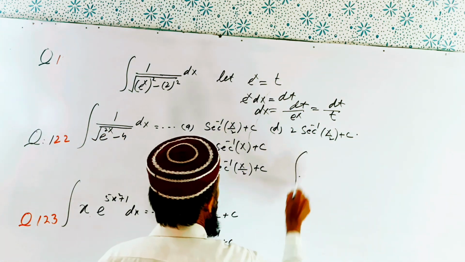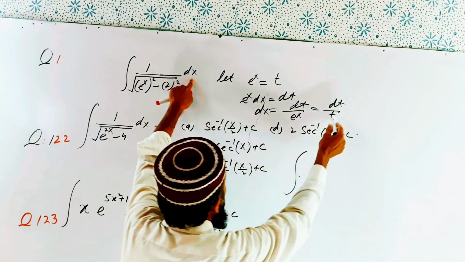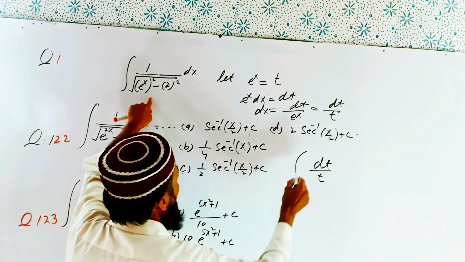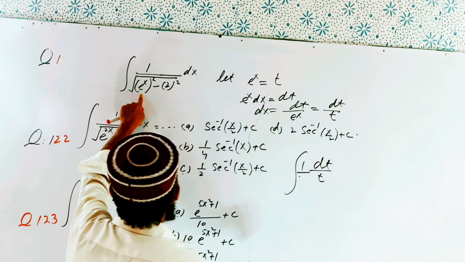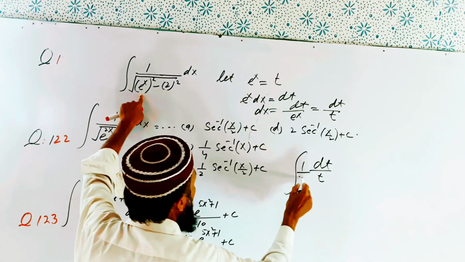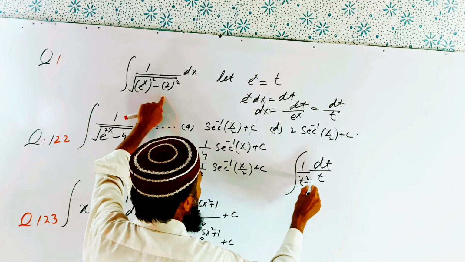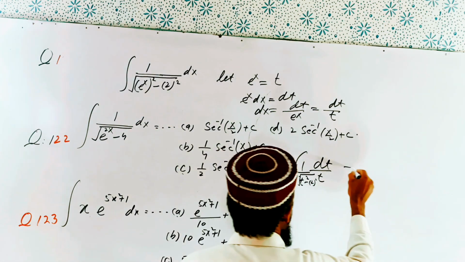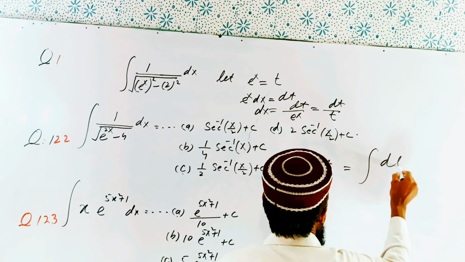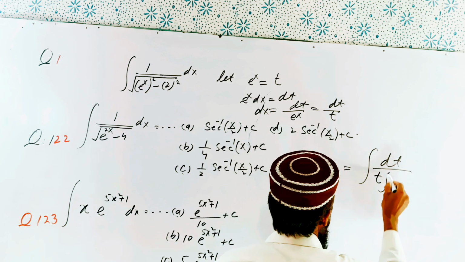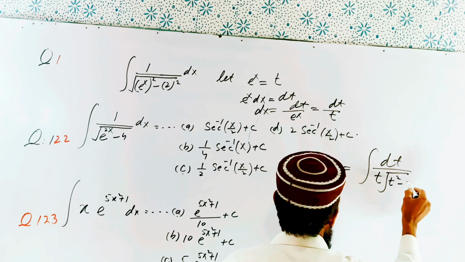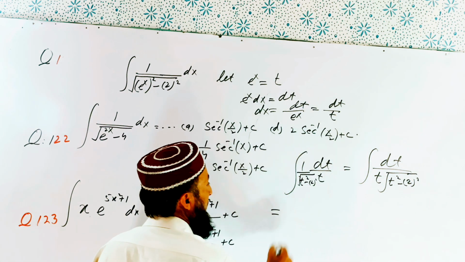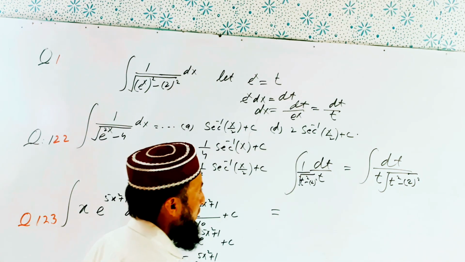Now we substitute dx as dt divided by t, and e power x is t, so the square root of t square minus 2 square. So this is the formula we get: dt over t times the square root of t square minus 2 square. This is the secant inverse formula.